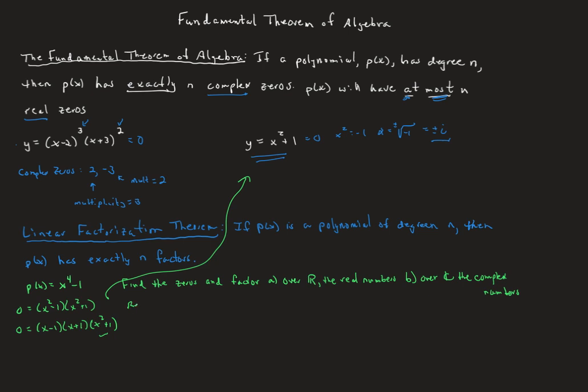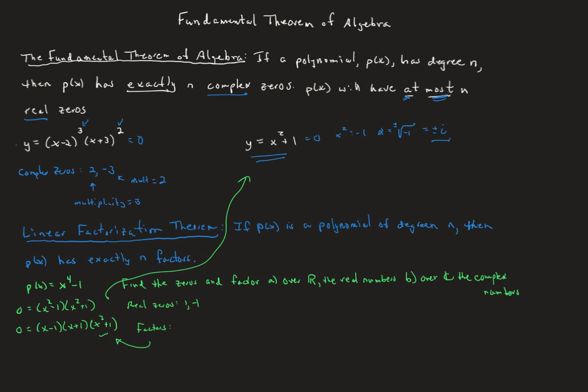So our real zeros for this polynomial are going to be only 1 and negative 1. i and negative i are zeros, but those are not real numbers. The factors then over the real numbers, if we're only going to allow real numbers, are exactly what we have here: x minus 1, x plus 1, x squared plus 1.